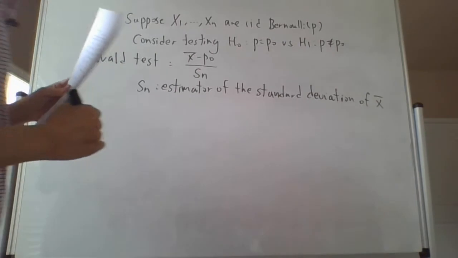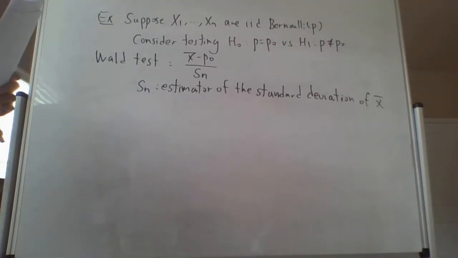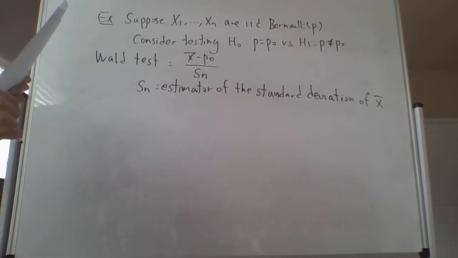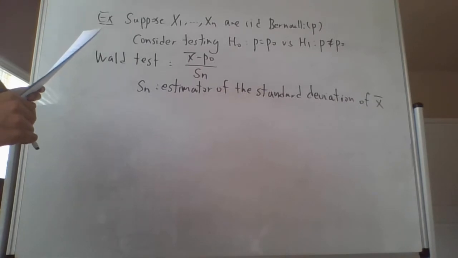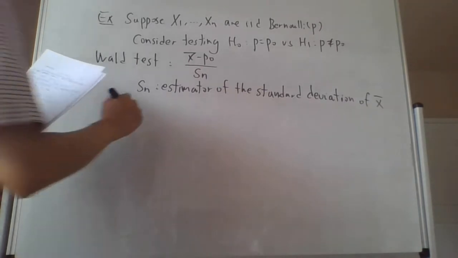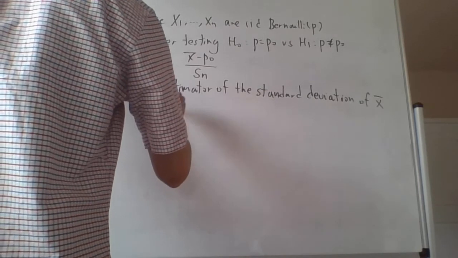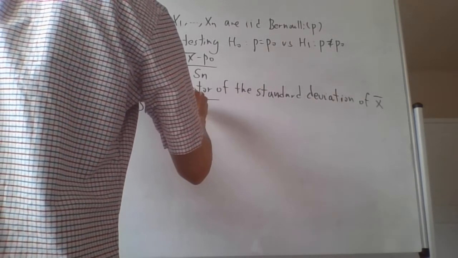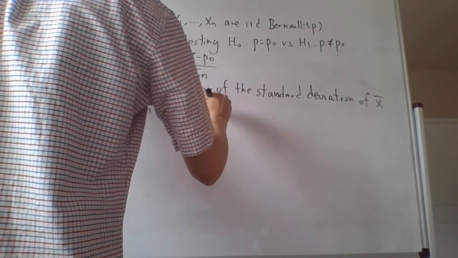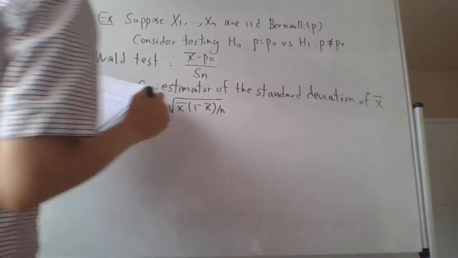So the standard deviation of x bar is the square root of p0 times 1 minus p0 divided by n, under the null. So Sn is the estimator, which is going to be the square root of x bar times 1 minus x bar divided by n.